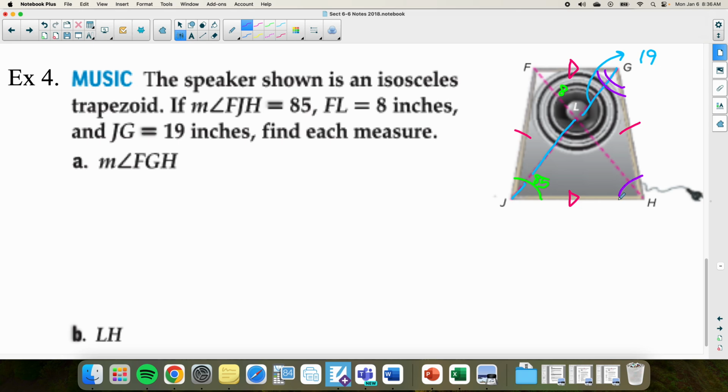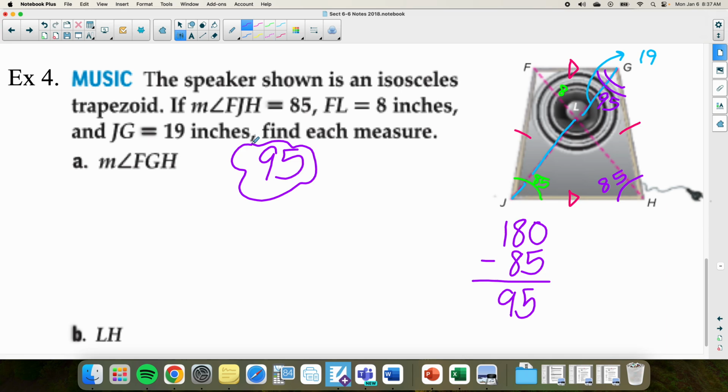This would be 85, right? Because these are base angles, these are equal. Then what would you know about these 2 angles? They would add up to 180. So to find that angle, I would just go 180 minus 85, which is 95. That is this angle right here. Okay, that is 95.